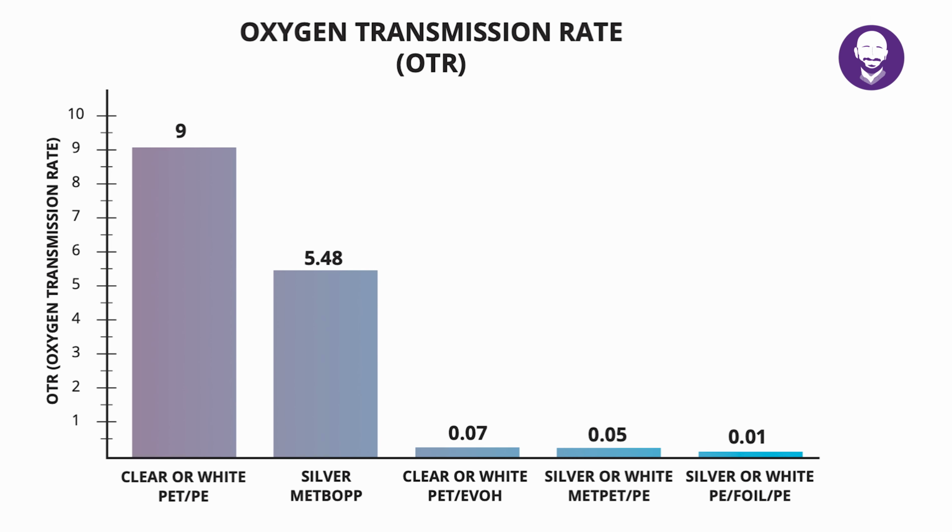So let's first talk about oxygen barrier. On the low end, the one that has the least amount of oxygen barrier, we're talking about something like a clear or white polyester with a polyethylene sealant layer. Okay. And then as we move to, say, a silver metallized polypropylene, there's more oxygen barrier, letting less oxygen into the package.